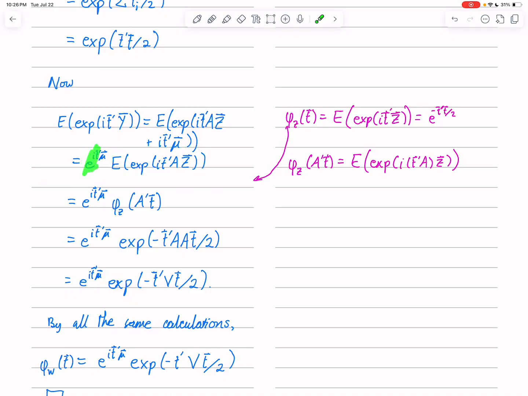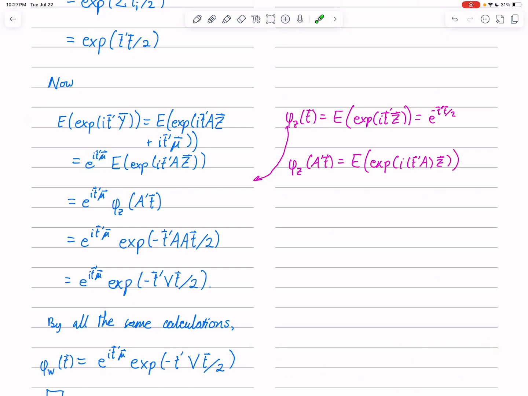And especially this part right here can just pop out of the expectation because it is a constant with respect to taking this expectation, because we're taking the expectation of these random variables that are in Z. So this is like a constant and can just move outside of the expectation.